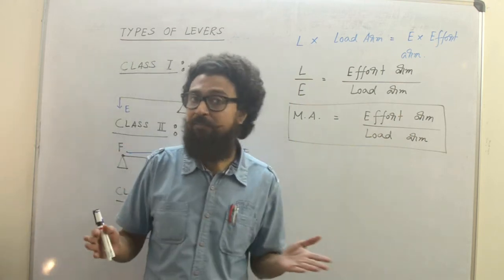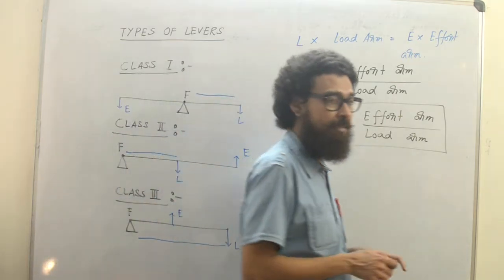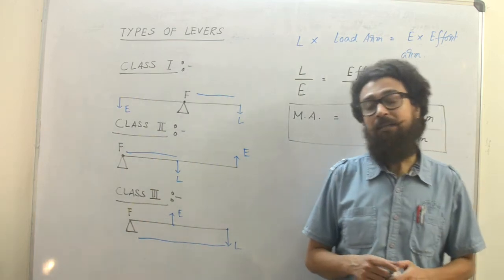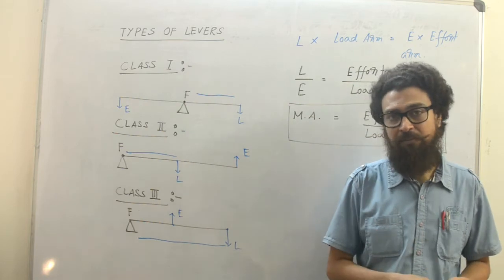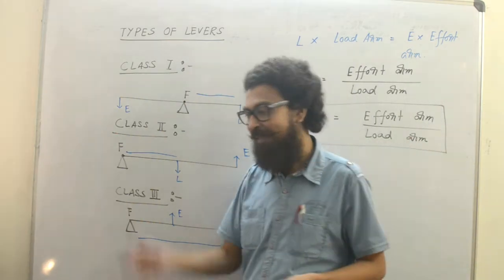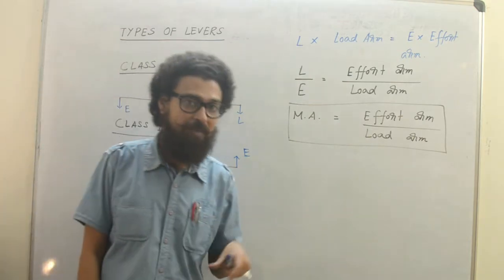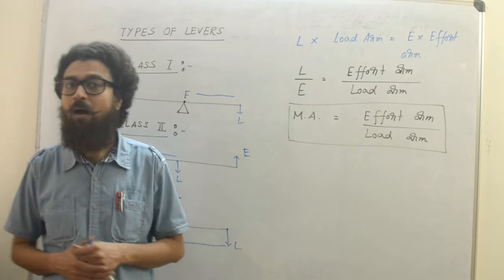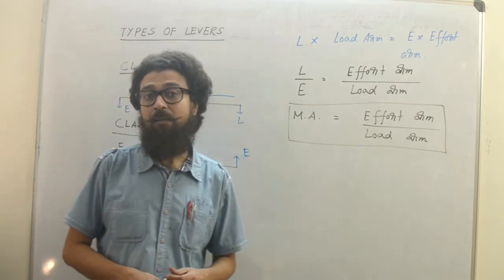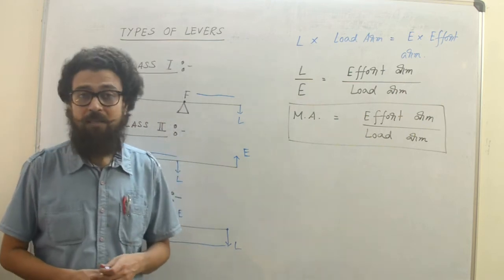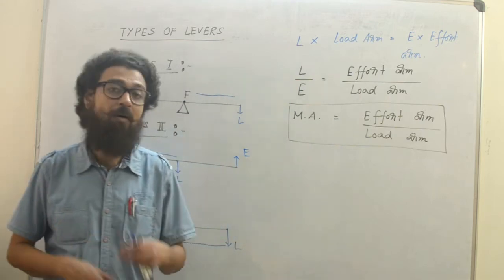I suggest you categorize class 1 levers into 3 parts: greater than 1, less than 1 and equal to 1, and write down the examples given in your textbook in these 3 columns, so that you can easily remember at the time of examination which class 1 lever has mechanical advantage less than 1, equal to 1 or greater than 1.